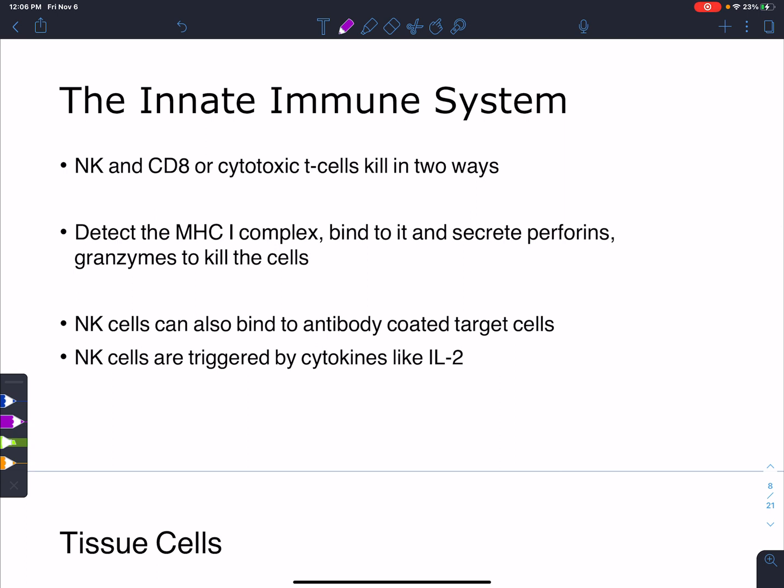So we have our natural killer cells and our CD8 or cytotoxic T cells, and they can kill in two ways. So here's where I just drew you that nice little picture with that MHC1 complex. They bind to it, they secrete those perforins and those granzymes to kill the cells. What natural killer cells can also bind to are antibodies on the coated cells.